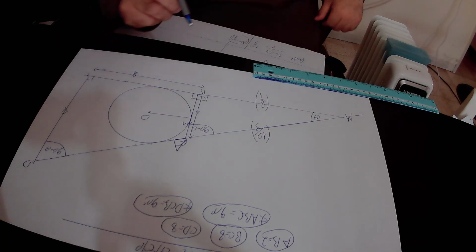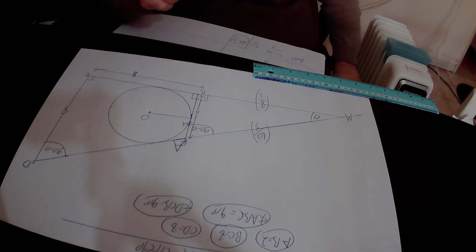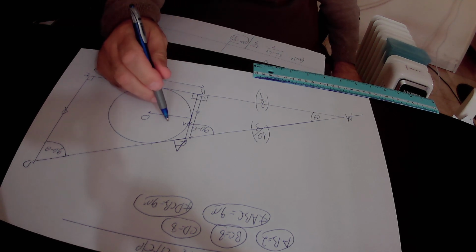Point O is the center of the circle. Point M is a point on the circle itself. Therefore, OM is the radius of the circle. We define the radius of this circle as x. Therefore, OM equals x.